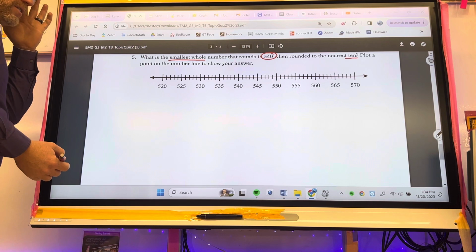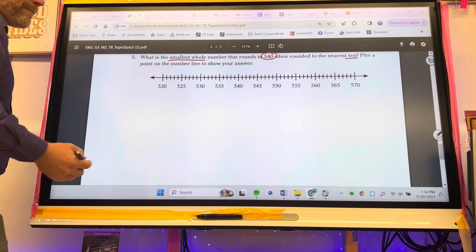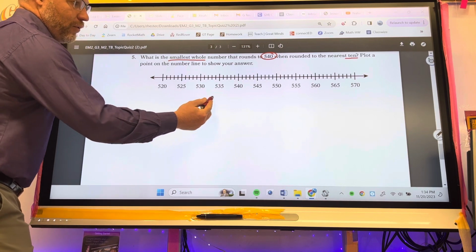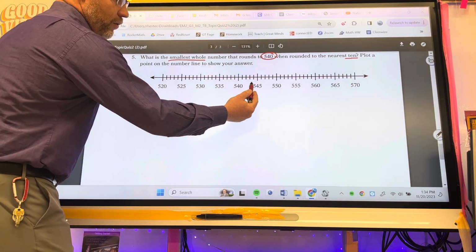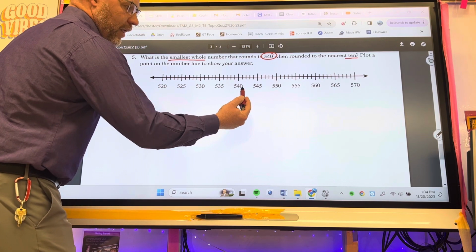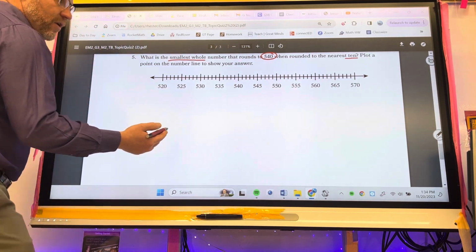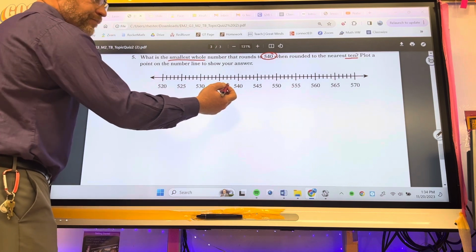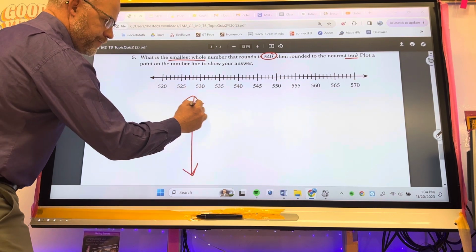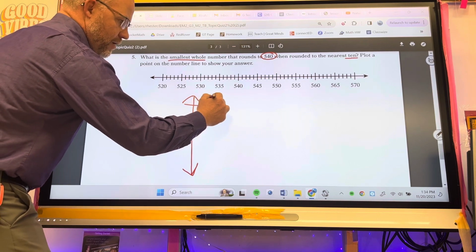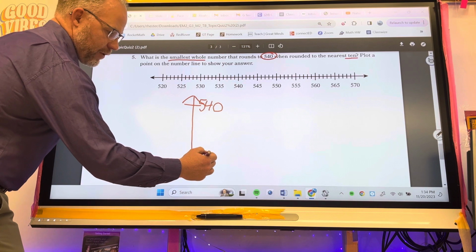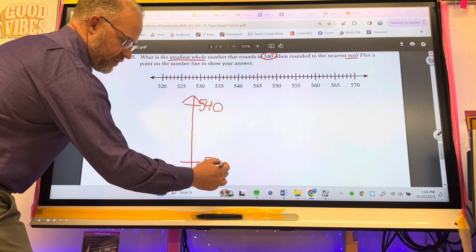A lot of times what people will do here is look at only the numbers on the 540 side. But we have to remember that numbers also round up. So if we're looking at 540 and asking what's the smallest number that rounds to 540? Well, then we're saying 530 to 540.